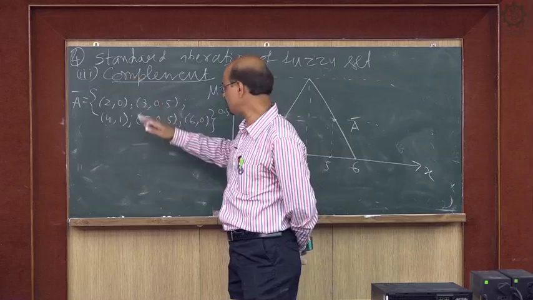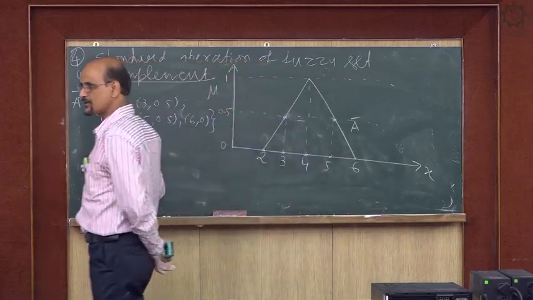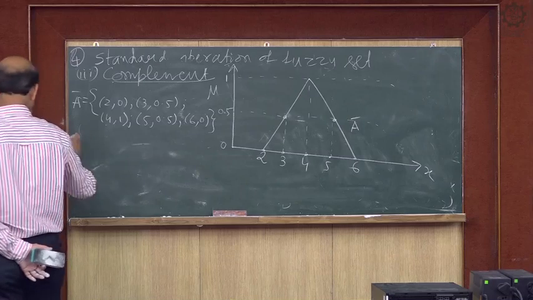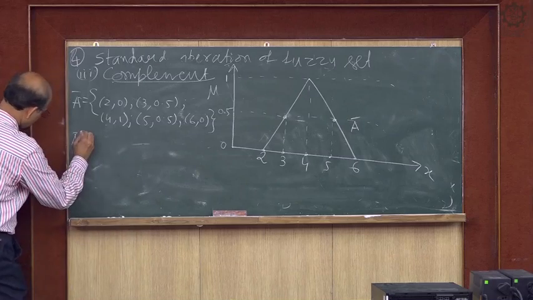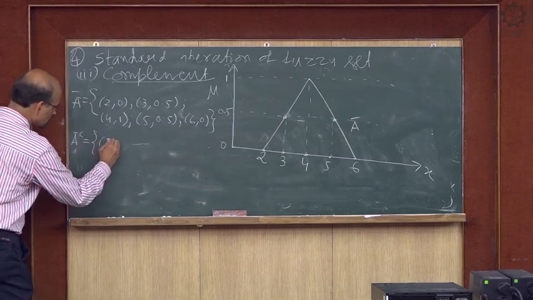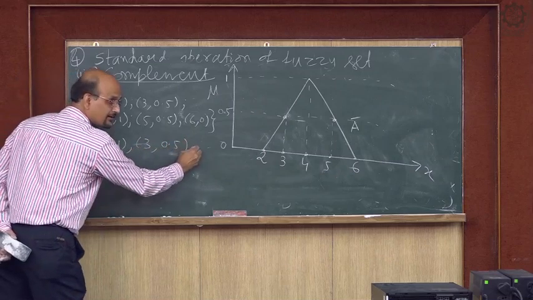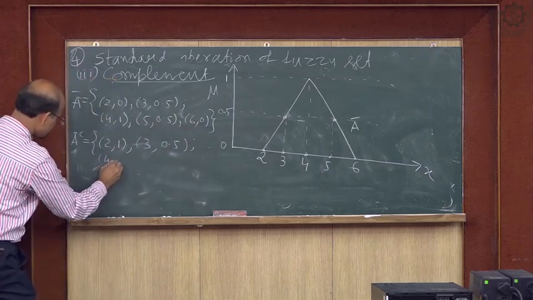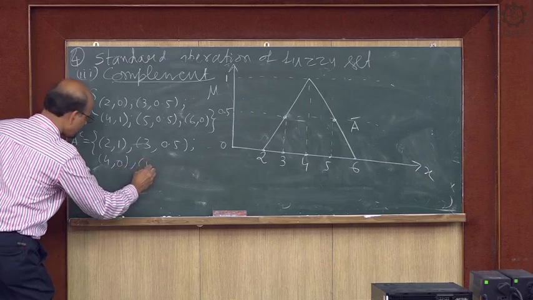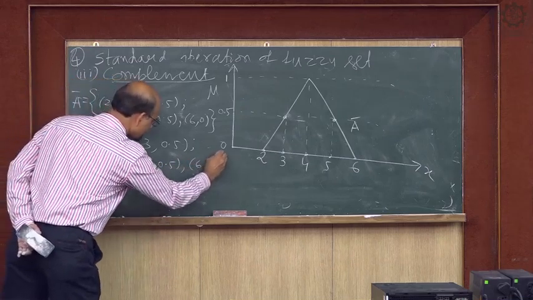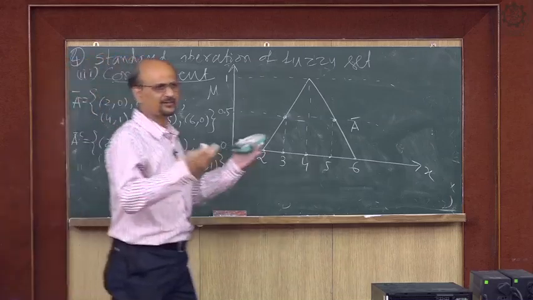As per your definition, I can write the complement of A bar by subtracting from 1. So the complement is 2, 1; 3, 0.5; 4, 0; 5, 0.5; 6, 1. Is it correct as per our definition?